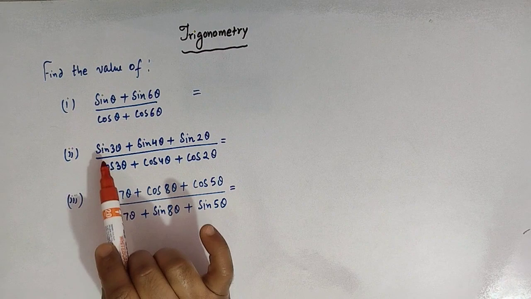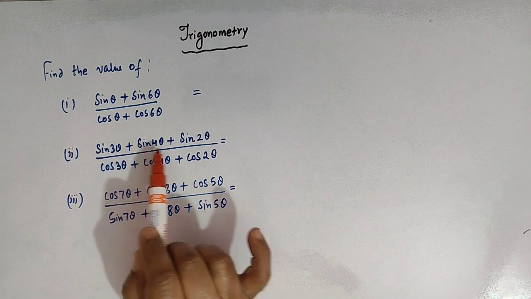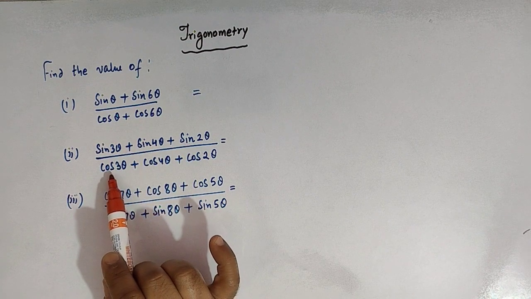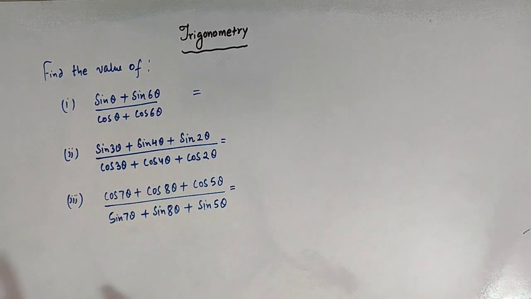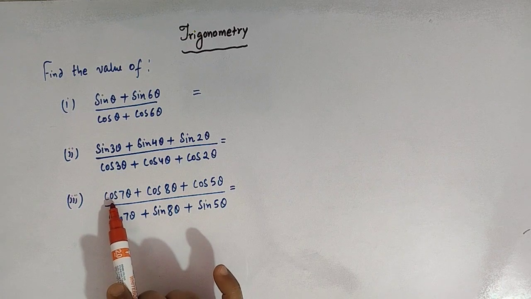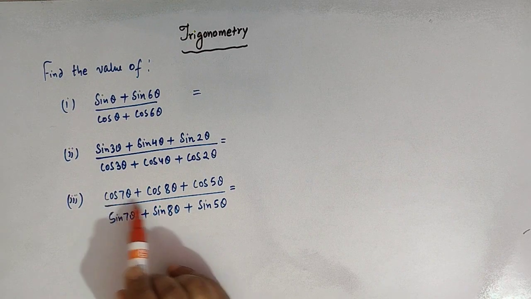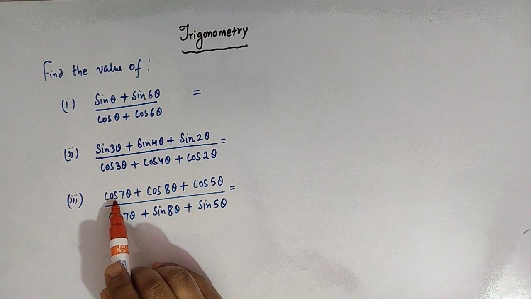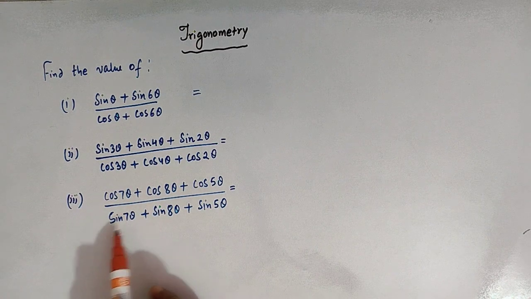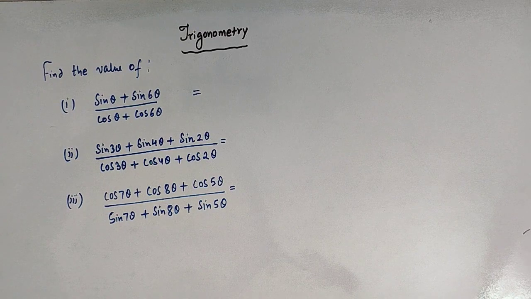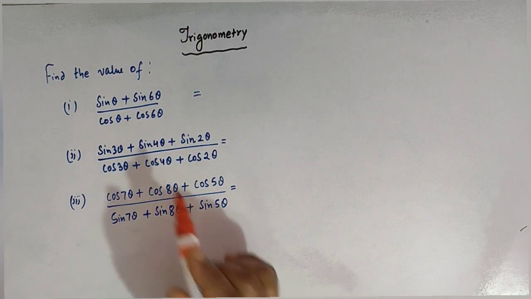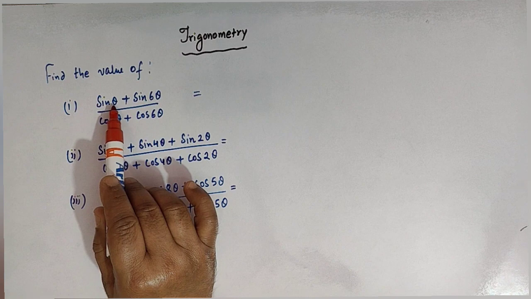In the second expression, we have three sine terms, and in the denominator, we have three cosine terms, right? And in the third expression, we have three cosine terms in the numerator and three sine terms in the denominator, right?